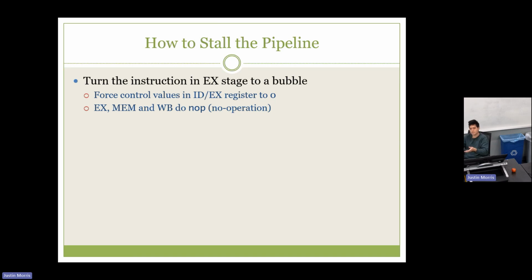It does nothing because the register write signal is 0, right? So in the end, by setting all of the control signals to 0, it's like inserting a null instruction for those last 3 stages. And we just redo our decode. And then in the next clock cycle, when we go to execute, we do our real execute.